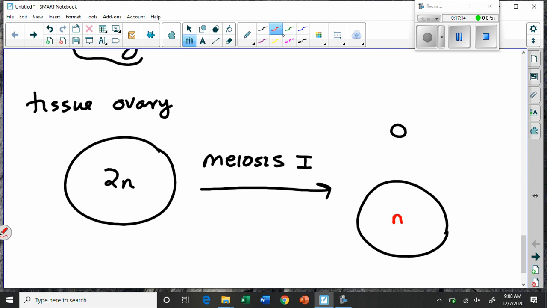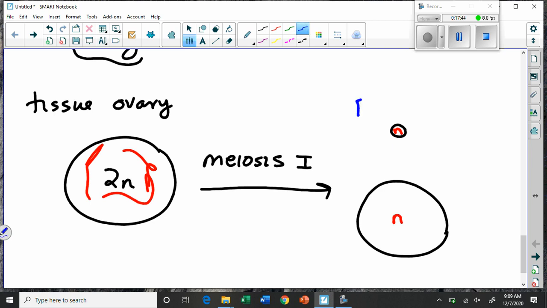It also has the other N. But there's an uneven distribution of all the cytoplasmic contents, all the cell stuff, the endoplasmic reticulum, the mitochondria and everything. One cell gets almost all of it, and the other cell gets hardly any of it. And that's because only one of these is destined to go on to actually become the final egg cell.